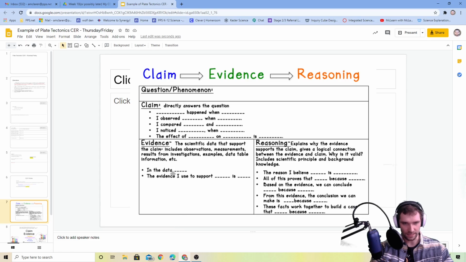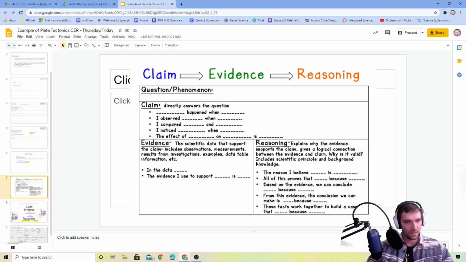Here we're referring to data. And then you could say, I'm looking at this evidence here, so you're specifically calling out what your evidence is. And then your reasoning is more about this is going on because of this. So you're talking about your big ideas, your conclusions, your scientific terms, all that stuff.